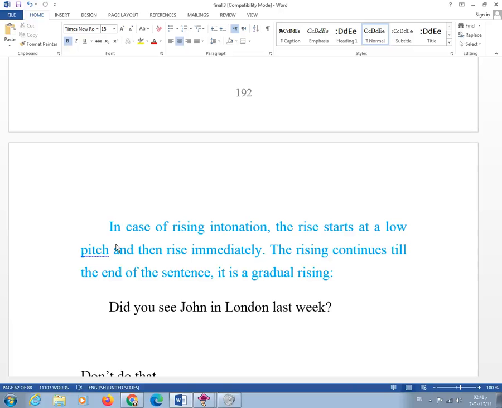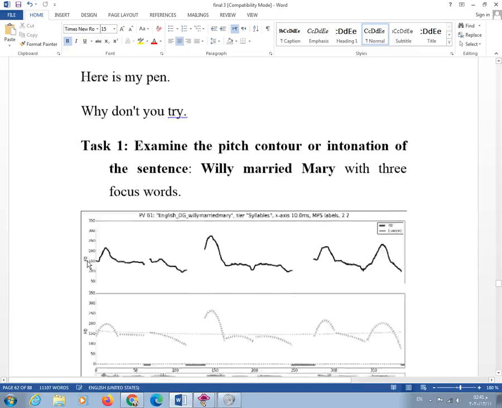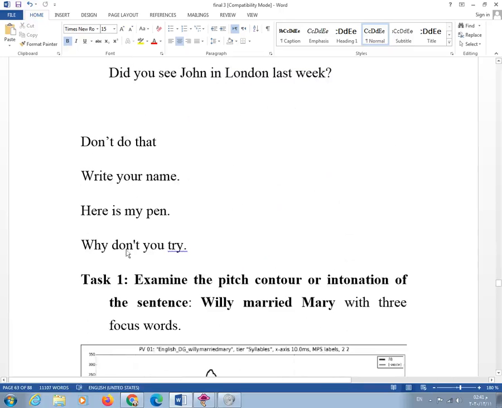Okay. And now let me show you something. These utterances: don't do that. Write your name. Here is my pen. Why don't you try? These are 4 utterances, 4 tone groups, as you see.